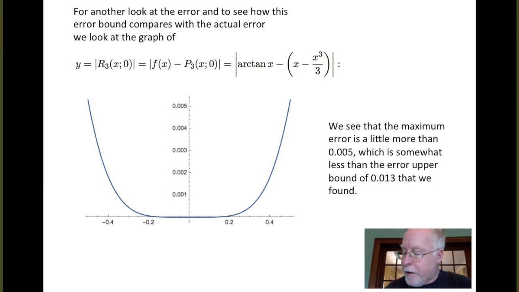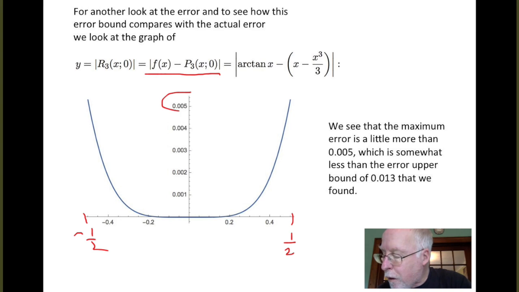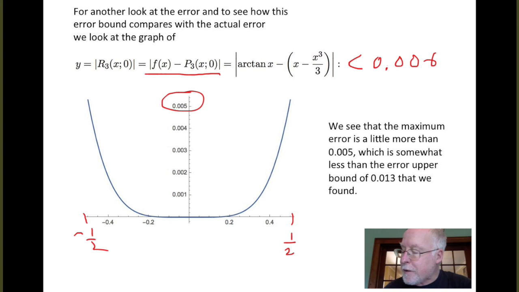So we can see here as we go from minus 1/2 to 1/2, here's how big f(x) minus P3(x) is. Notice it really is pretty small. We're at 0.005 up here, 5/1000ths. And so it looks like really this is less than 0.006. And remember, the error bound we got was 0.013.